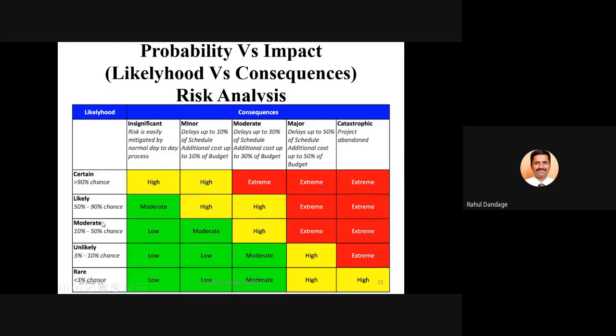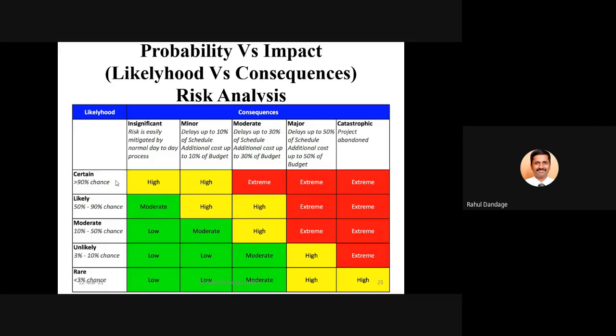If it is a moderate 10 to 50% chance, then possibly it is going to come. When the probability is 50 to 90%, we are almost expecting the risk to occur, and when it is greater than 90%, we are almost assured that that kind of risk is definitely going to occur.